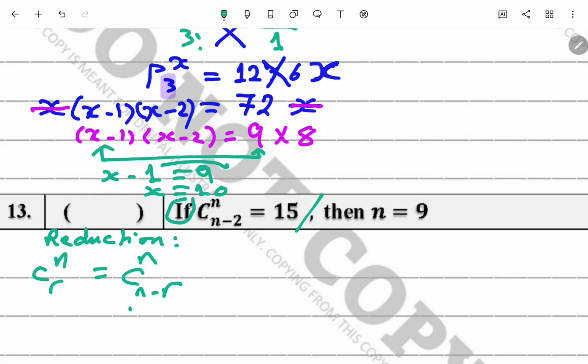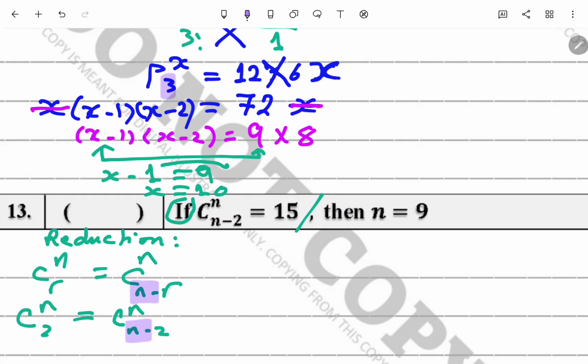Similarly, if you have n combination n minus 2, it will be the same as n combination 2, exactly like this. Focus on that up and that down, which is here exactly.